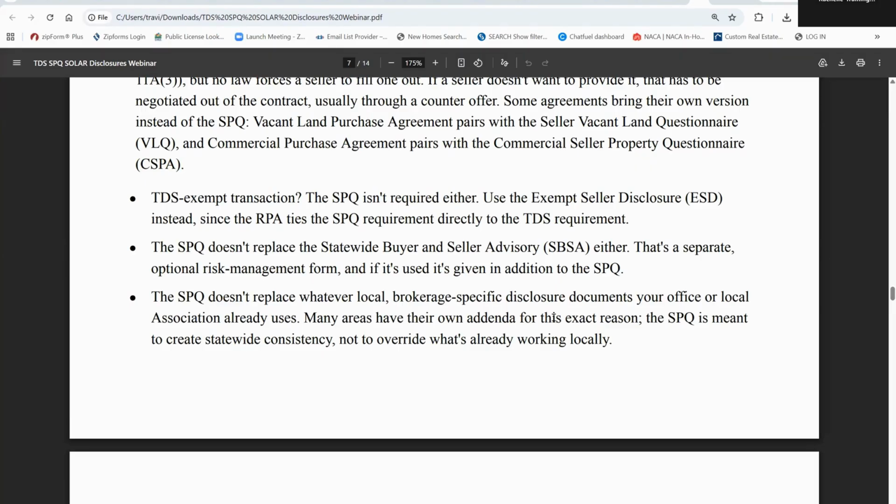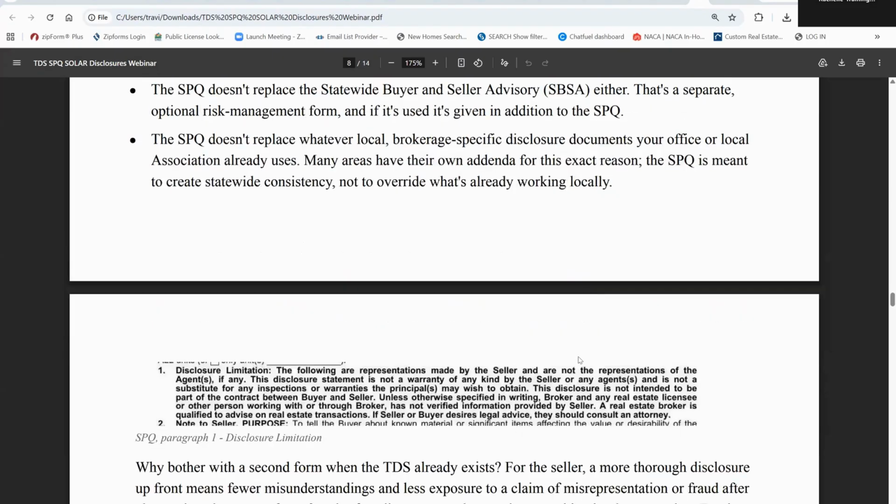Many areas have their own addenda, and for this exact reason, the SPQ is meant to create statewide consistency, but not to override what's already working locally. So it would be TDS and SPQ together, and then if you're in one of the areas that has additional, like the local area disclosure or something like that, that's going to be in addition to, not in place of.